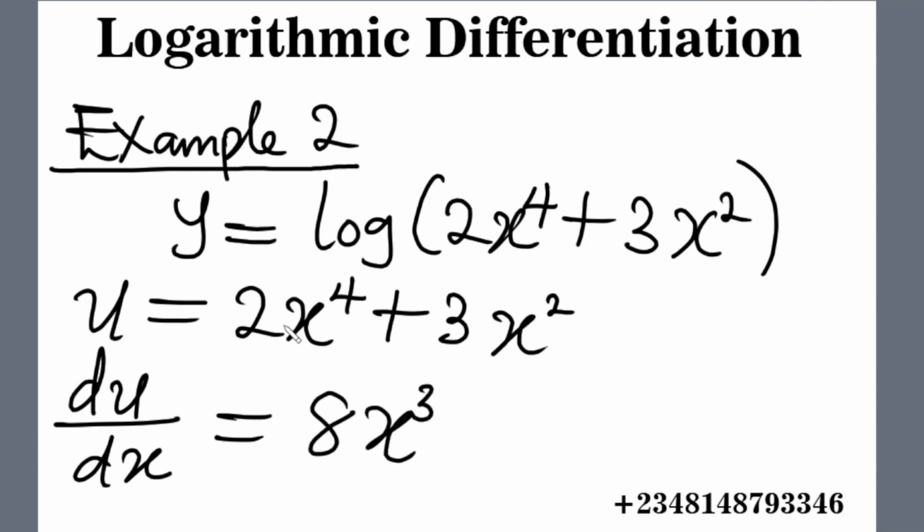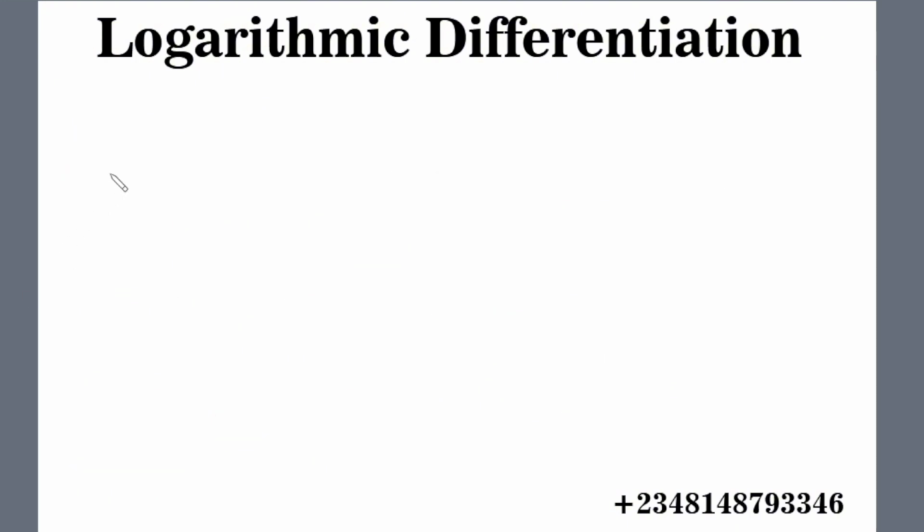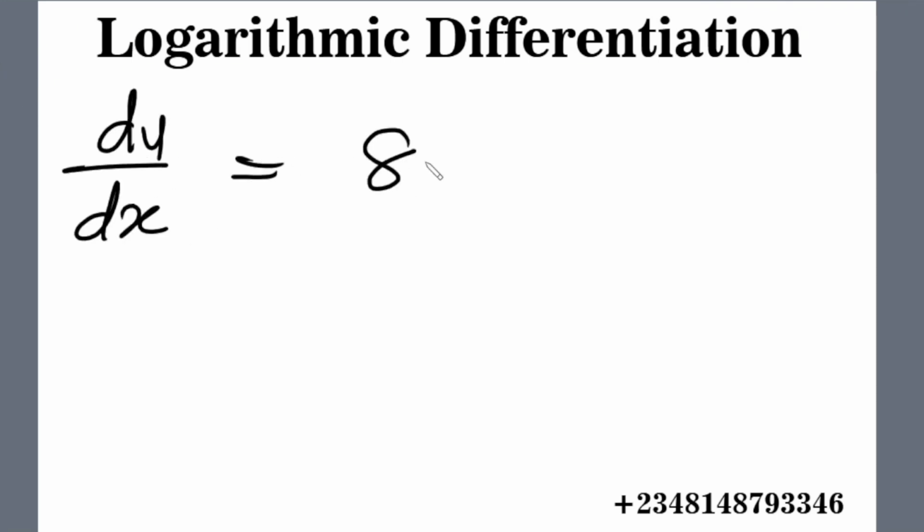Remember, you multiply 2x by the power and then subtract 1 from the power. Plus, if you differentiate 3x raised to power 2, it would give you 2 multiplied by 3 gives us 6x. 2 minus 1 is 1. Now let's factorize.